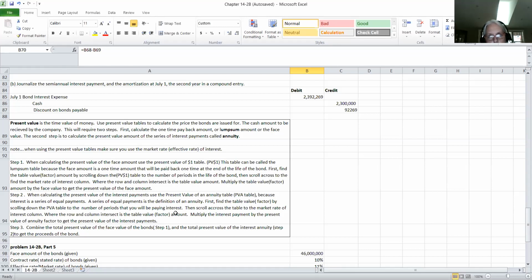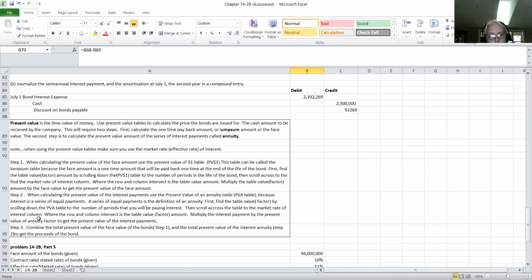Again, the number of periods are going to be 40 periods because there was a 20-year life. The interest is paid semi-annual. Multiply 20 times 2, that will give you 40 periods. Then you're going to scroll across the present value of the annuity table to the market rate of interest column.